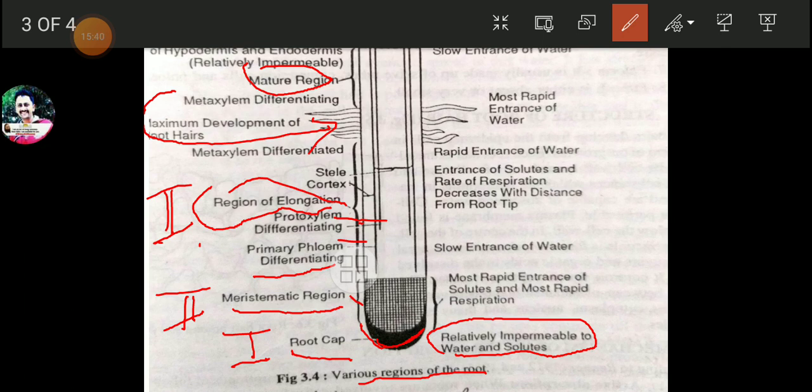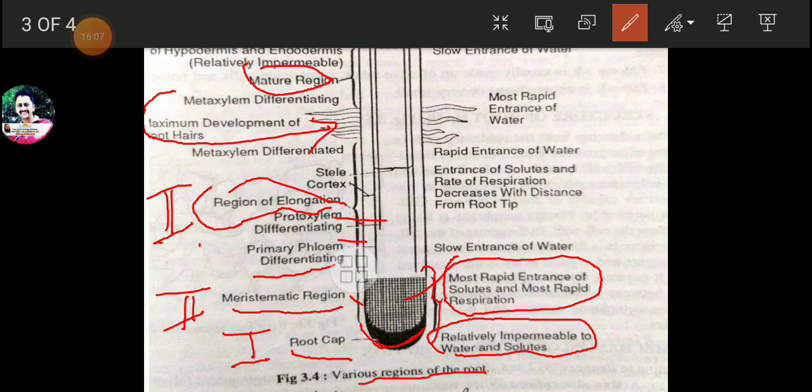The root cap is very hard. Then in the meristematic region, we will find the most rapid entrance of solutes and the most rapid respiration.